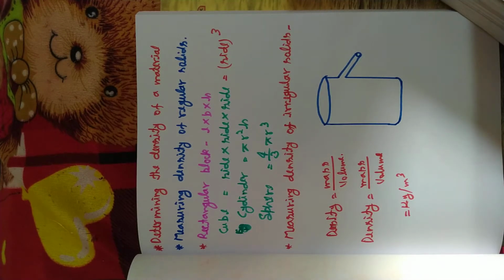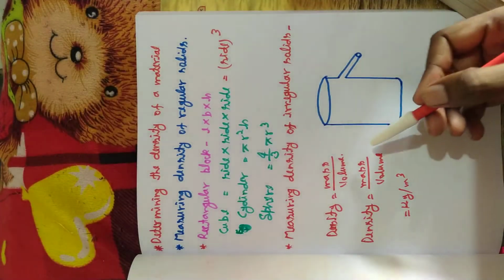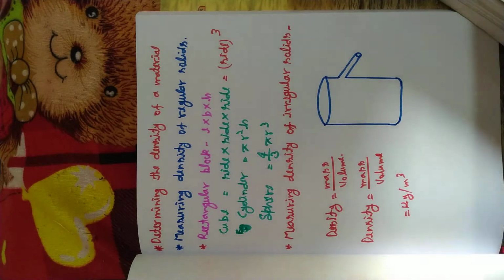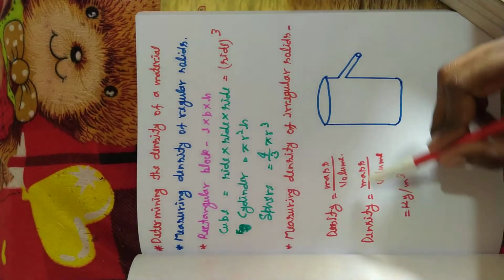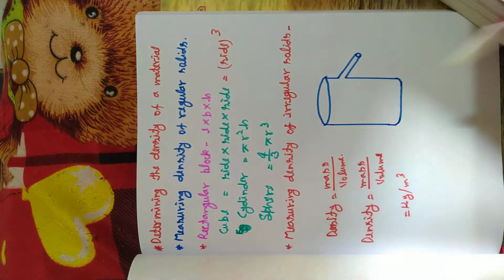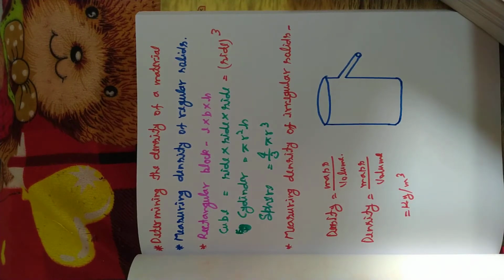First we find the mass of the irregular solid, then find its volume, and then use the formula density is equal to mass upon volume. This is a Eureka can. To find the mass of the solid we can use a physical balance.